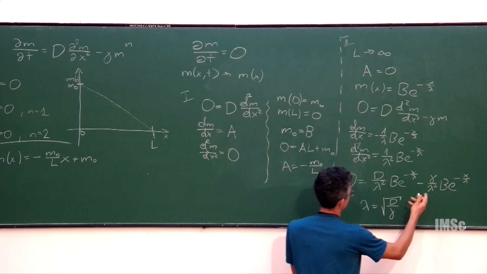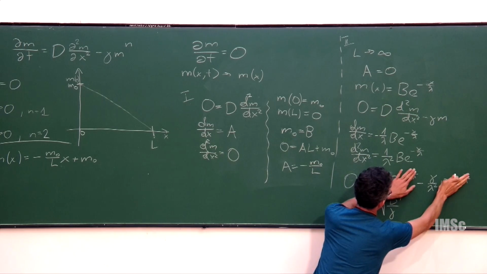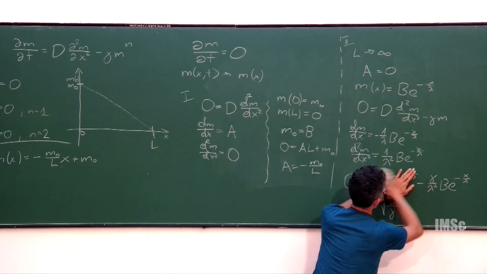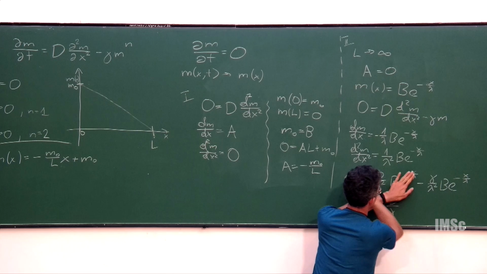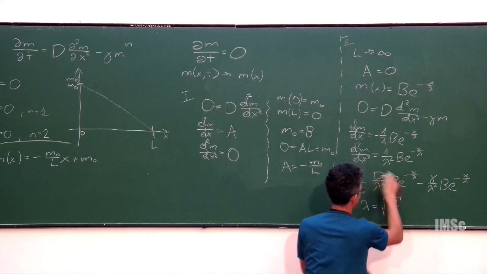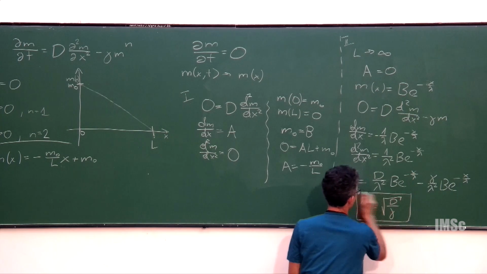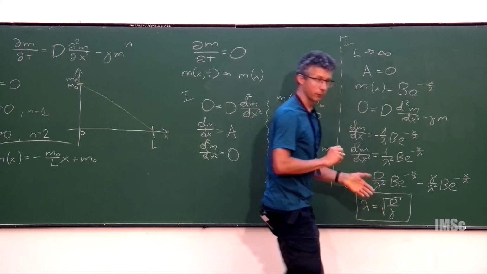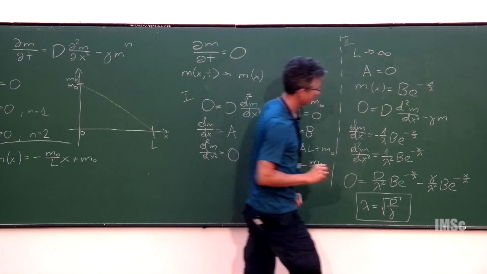So you see that, just get rid of those, then this gets to the other side, lambda squared, and then you take the square root. So we got our characteristic length, so the decay length.